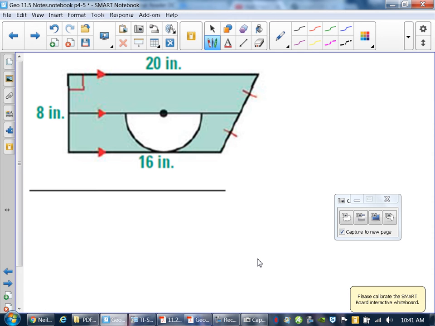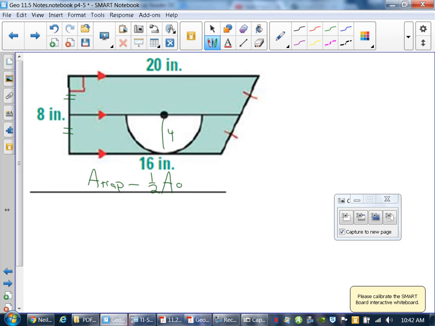But what they did forget to mark in order for this to be true is this. That way we know that it is congruent on both sides, which gives you a radius of what for the circle? 4. Okay. So take the area of a trapezoid, 1/2 the height. Oh, I forgot to write it out. Area of a trapezoid. We're going to subtract half the area of a circle.